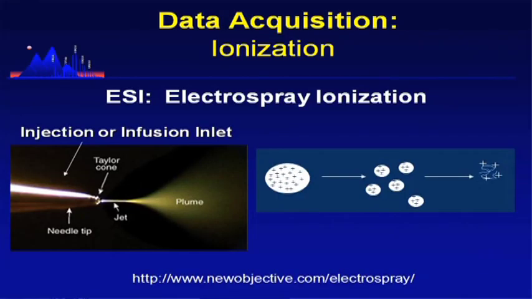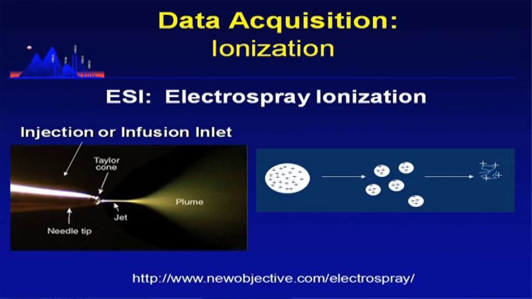What happens here is that you apply a voltage to this tip so that as the fluid comes out of this charged tip, you get this plume of charged solvated sample molecules. This plume of droplets then goes through a region of drying gas, and the solvent starts to evaporate.